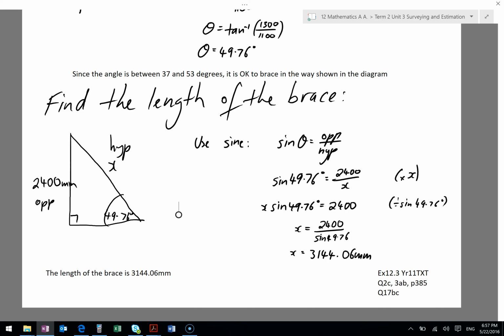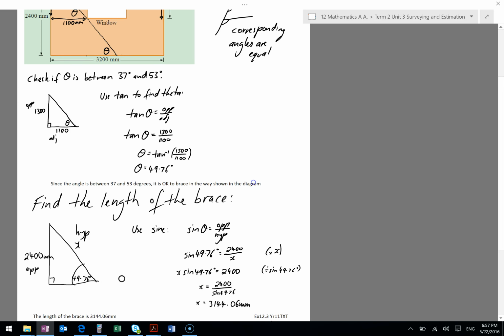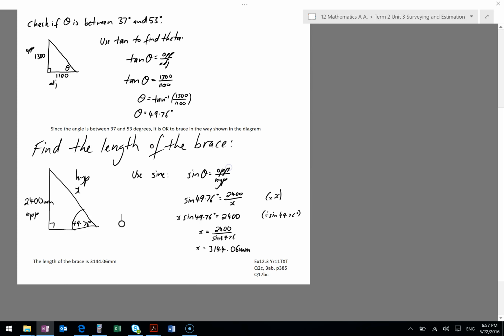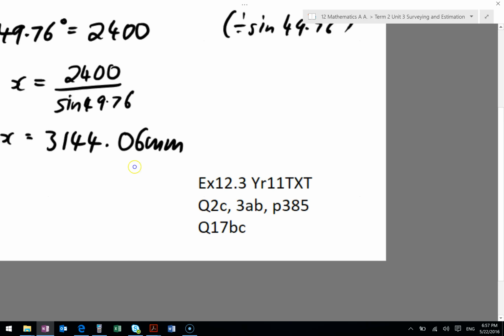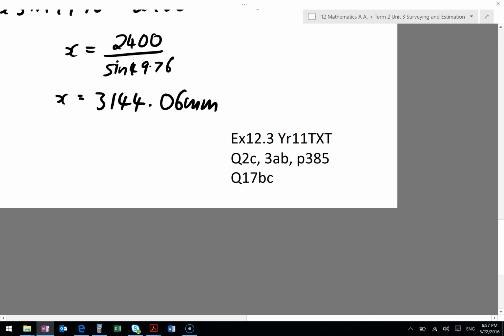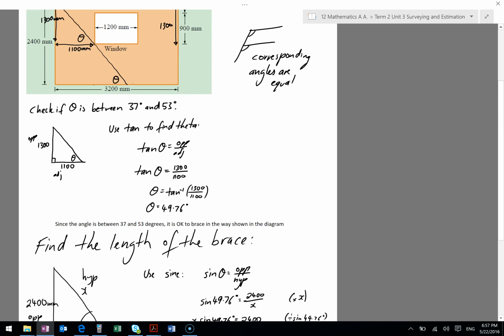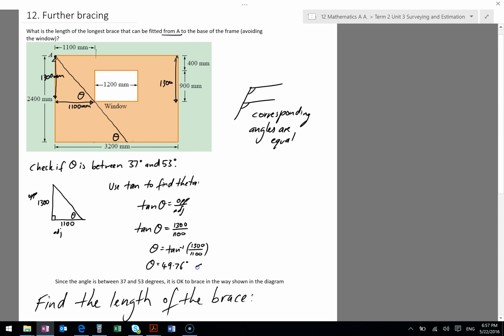That's a scenario where it does work. So just be aware that in some of these textbook problems that you'll do, the brace angle won't actually work. So you'll get to this stage, and if this angle is, say, 30 degrees, then you'd say, well, the angle's too shallow.